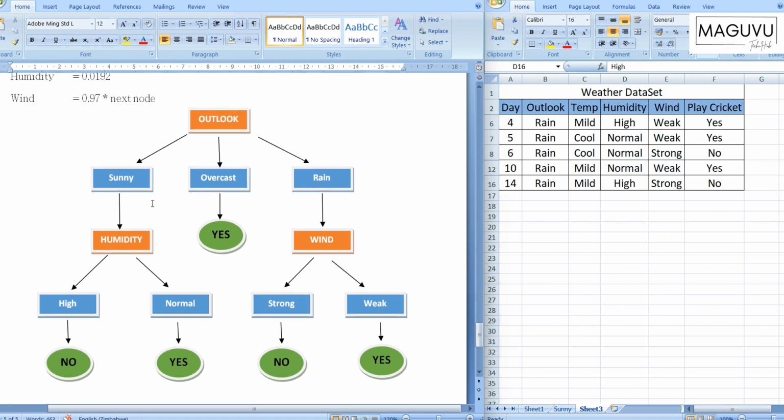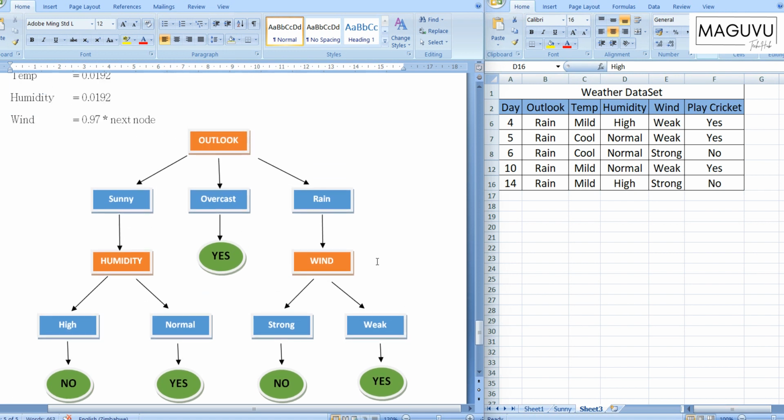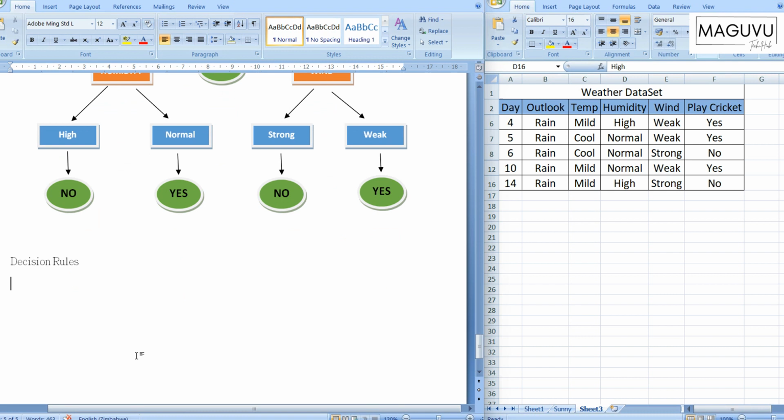Looking at this tree, we can say rule number one. What could be our rule number one?